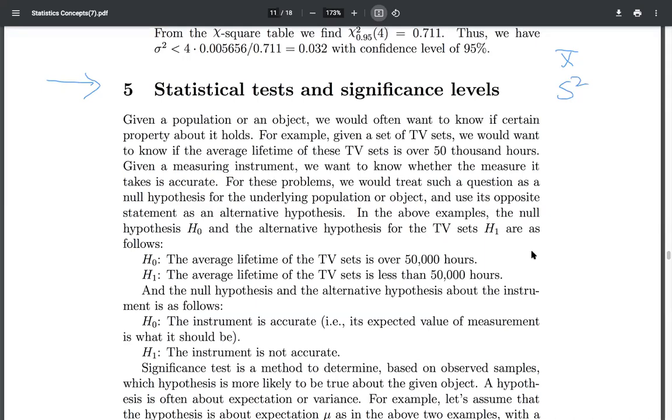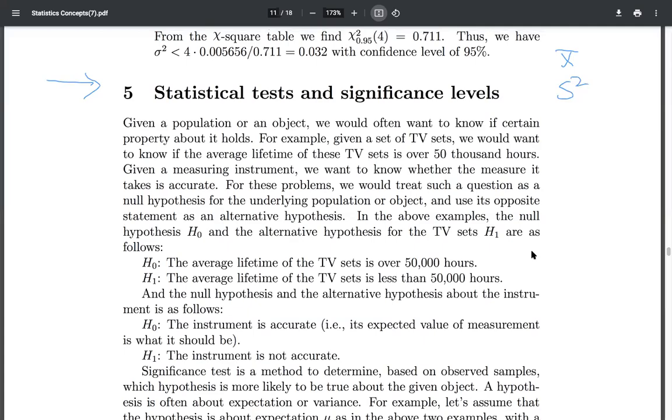The other direction is that your distribution is unknown. In that case, we have to use the central limit theorem. Fortunately, we have these three things we can use. One is the normal distribution.